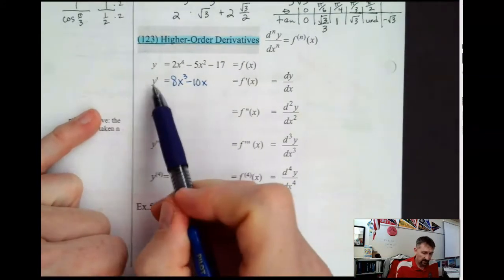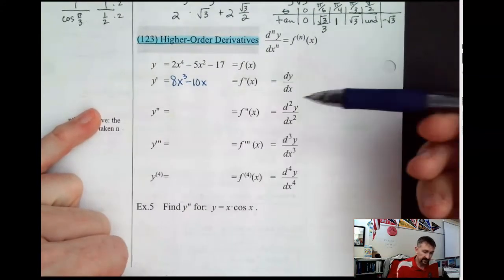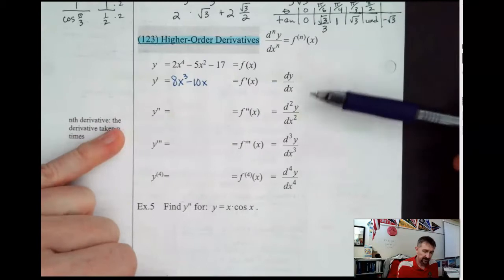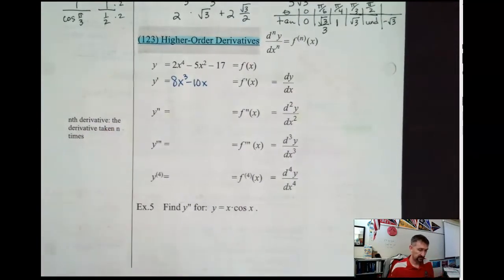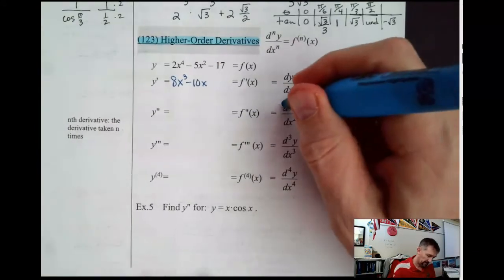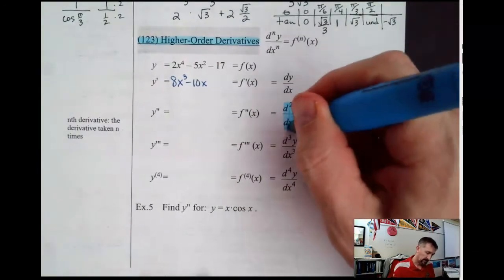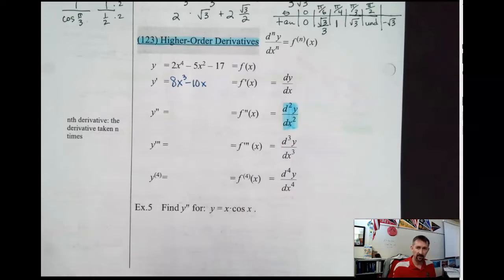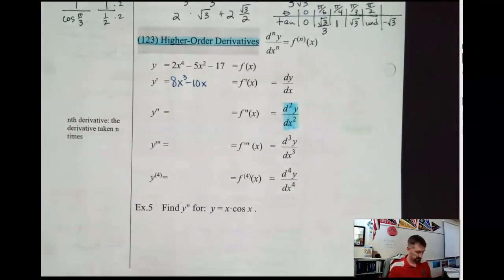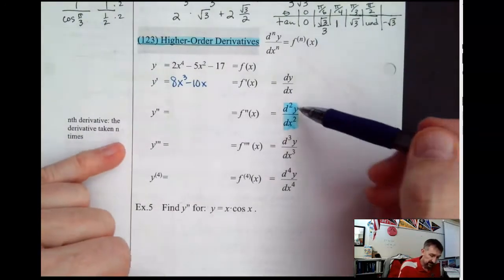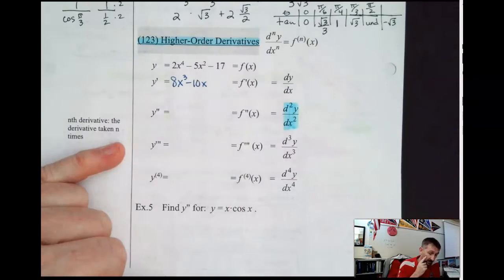So y prime or f prime of x or dy dx. Now, some students get confused by this notation here, so you want to make sure that you're aware of that. That doesn't mean x squared. It just means the second derivative of y with respect to x. So that's one symbol, all of that together.